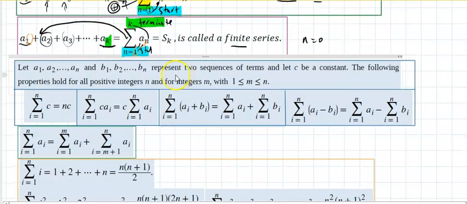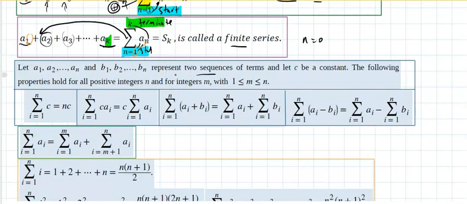Now the rules work. A sub 1, a sub 2, all the way, b sub 1, b sub 2. Let's say that those are two different sequences with constant c. If you see a c, that's a constant. The following properties hold for all positive integers between 1 and n being the terminating point.